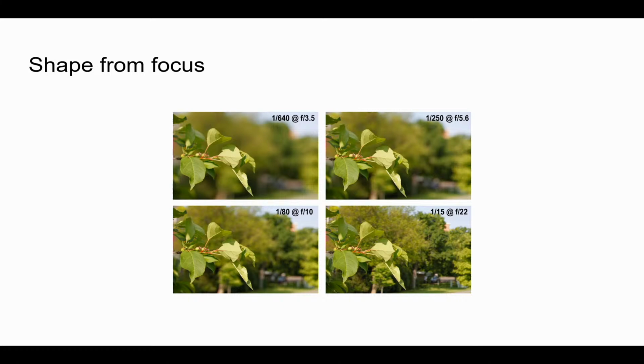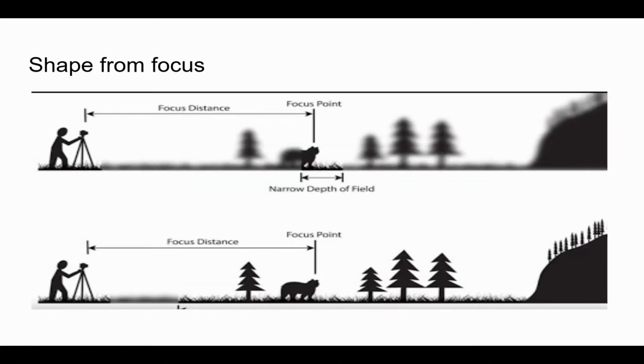And of course, if you change the focal length and you look at which parts of the scene are in focus at which focal plane, then you can understand how far those objects are and you can do 3D reconstruction from that. Just no understanding, just looking at which parts of the image are sharp at which point.